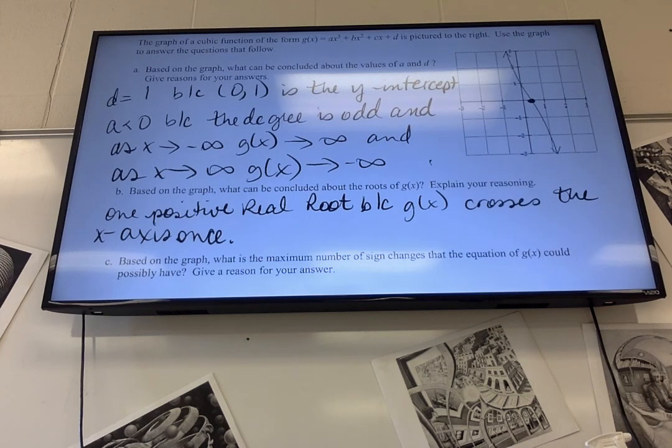There's going to be 3 roots. There must be 3 roots. Why? Because it has a degree of 3. Yep, the degree is 3. So what has to be true of those other 2 roots if they don't show up on the graph?